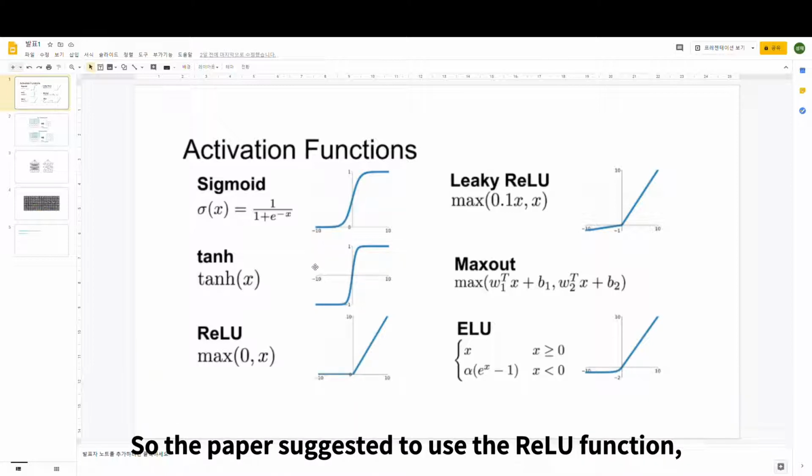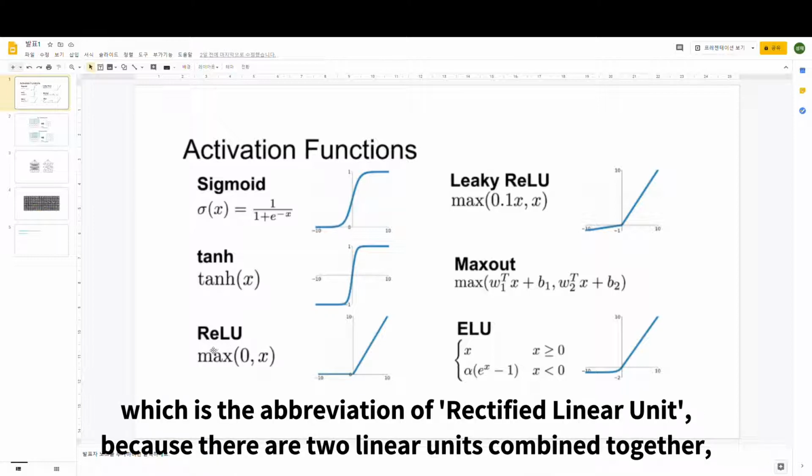So this paper suggested using the ReLU function, the abbreviation of rectified linear unit, because two linear units are combined together.